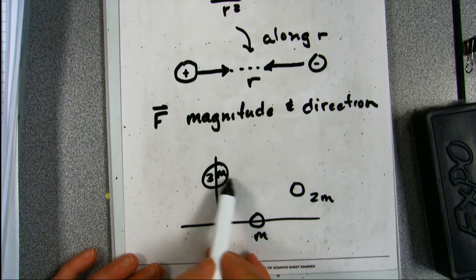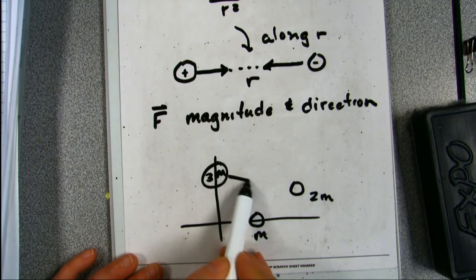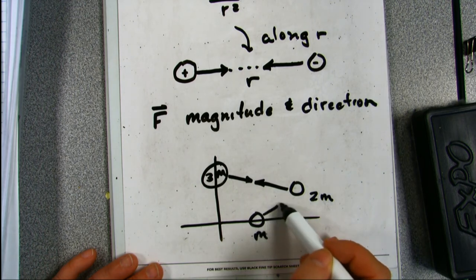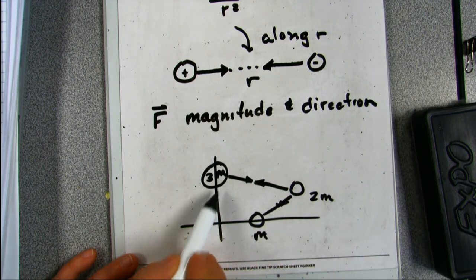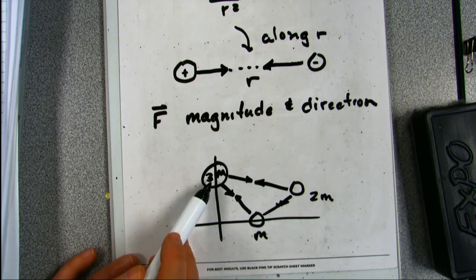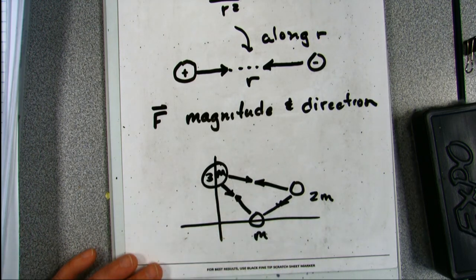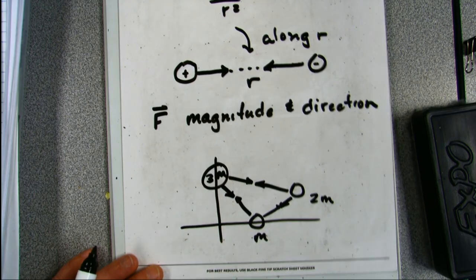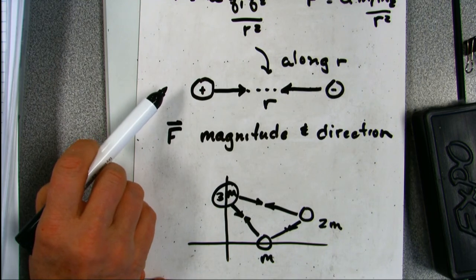In these cases, masses are coming together, so my force is going to go like this, and this force like this, and this force like this. Depending on whether I looked at the net force on this mass, I had to account for the other two masses. Got to do the same thing with these.